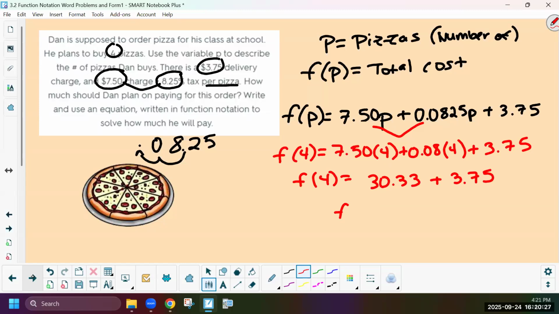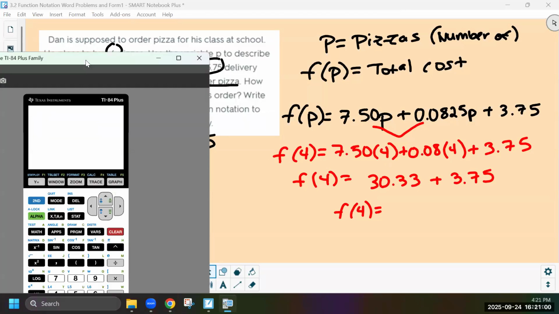So if I combine them together to see what F of 4 equals, let me go ahead and do the math real quick on my calculator. One second. Just double checking that one line before to make sure everything is good. So I'm just pulling this over real quick so we can double check.